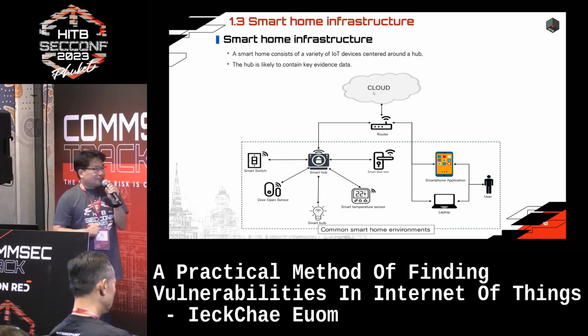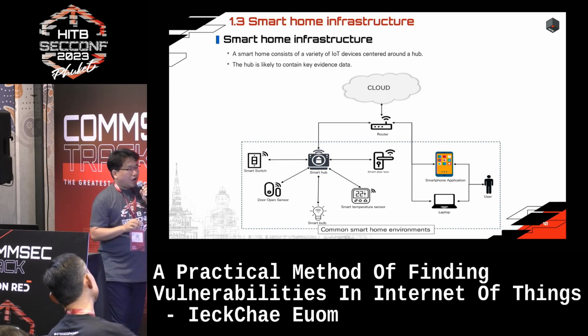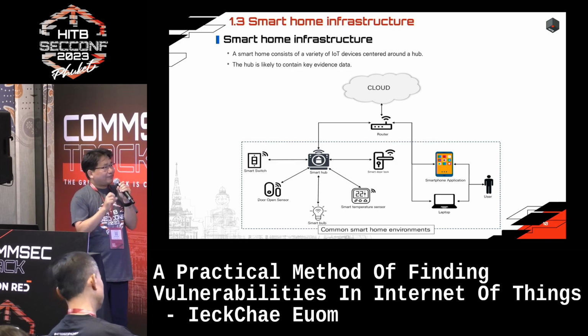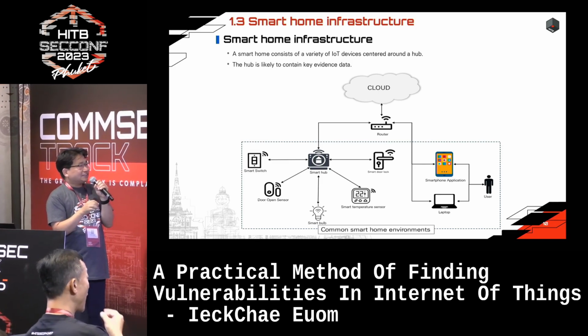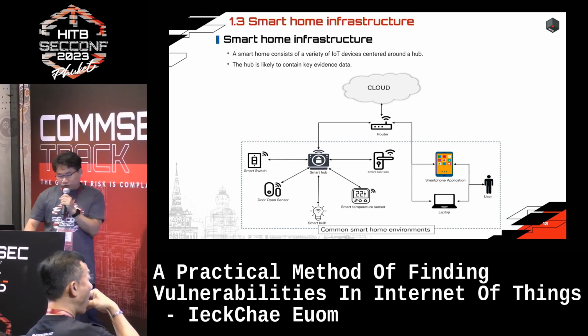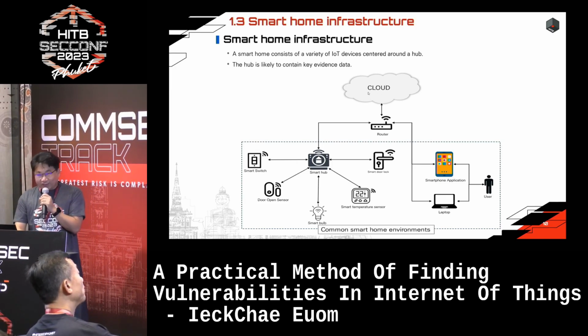So our research is focused on how we can collect the artifacts of the compromised data when SmartThings is compromised. Most of the data is kept in the cloud and maybe stored in the application.